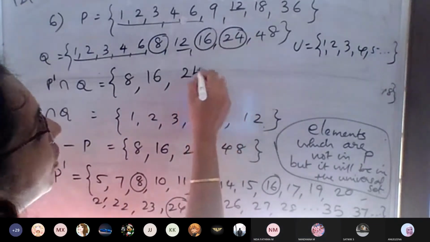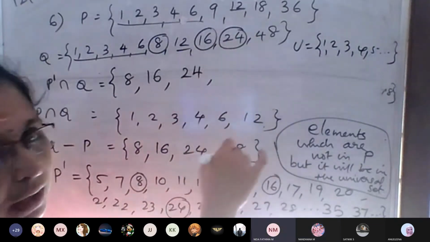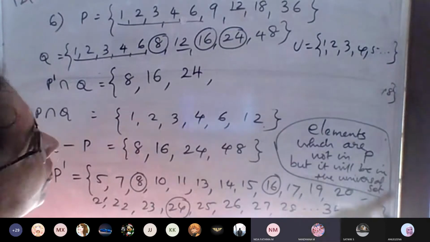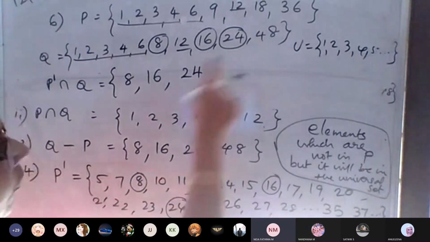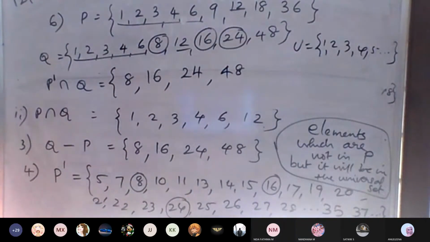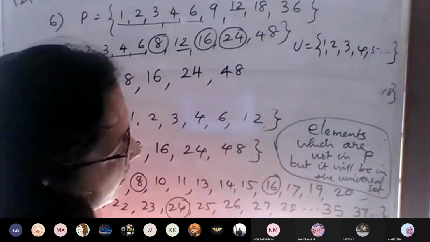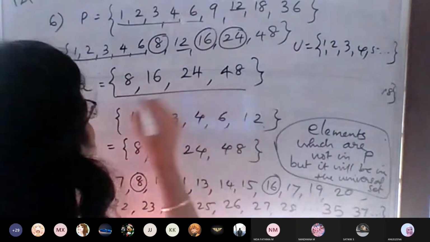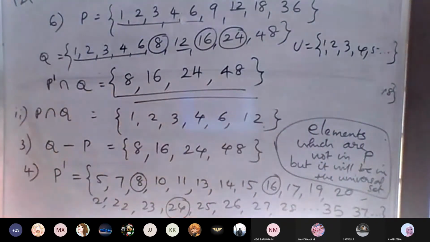Take a pencil and if you have any problem, just mark a circle. 36 is in P, so not there. 48 is here, so 48 also will be there, no? So P complement intersection Q is 8, 16, 24, 48. Is it okay?